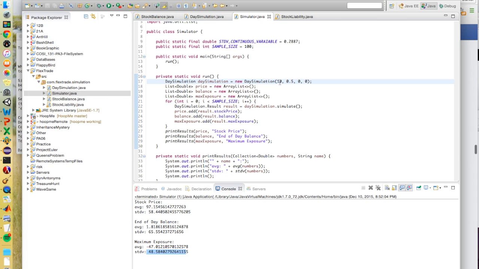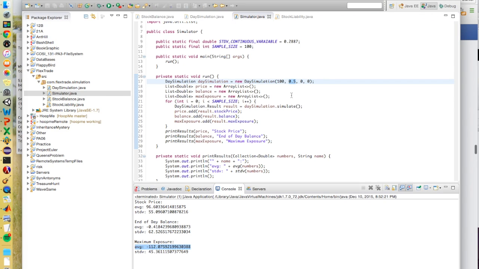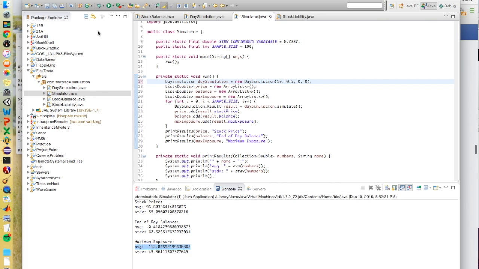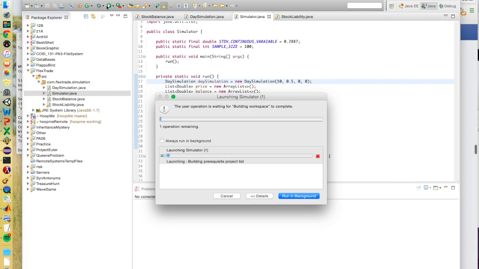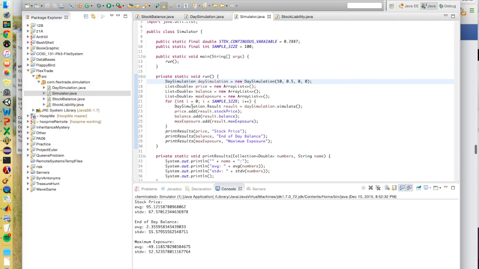So it seems like there's a little bit of interplay between the volatility and the number of transactions. So this time, for example, if I'm processing 100 transactions with a volatility of 0.5, that spikes up the maximum exposure. Look, when I go down to 10 transactions a day, my maximum exposure is only $50.